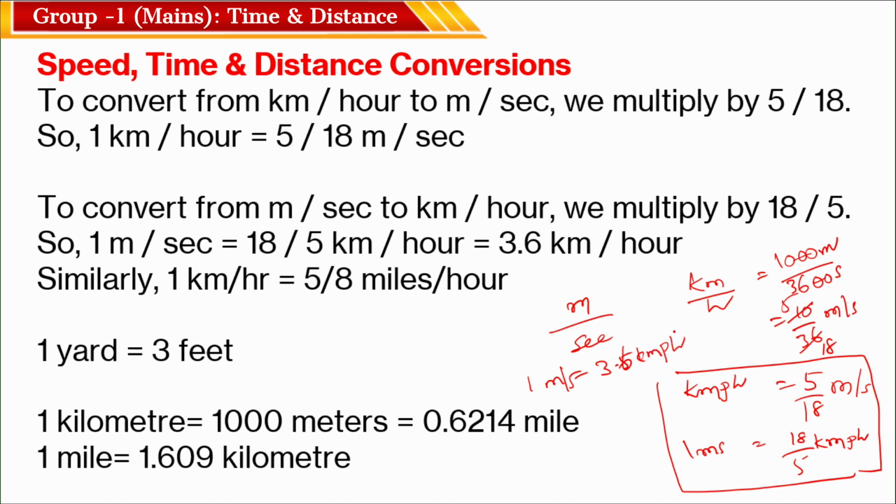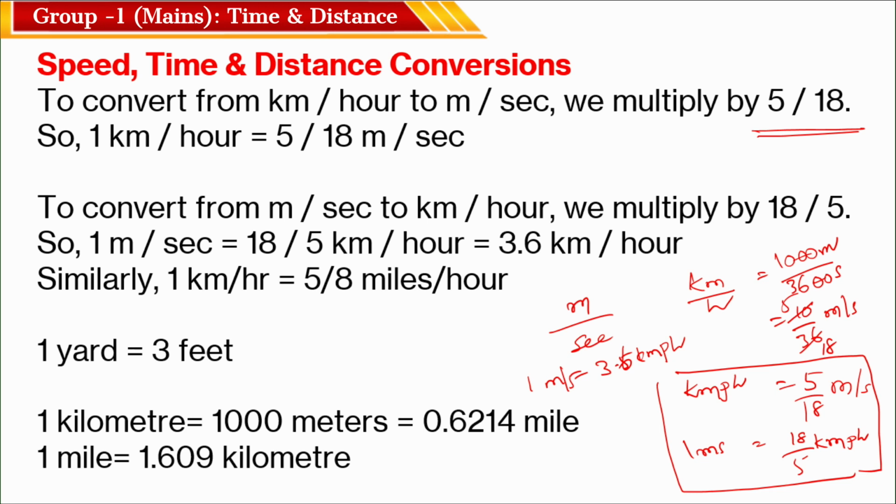To convert kilometer per hour to meter per second, you have to multiply by 5 by 18. This is a very important thing. Sometimes you have to convert the units from one kind to another.